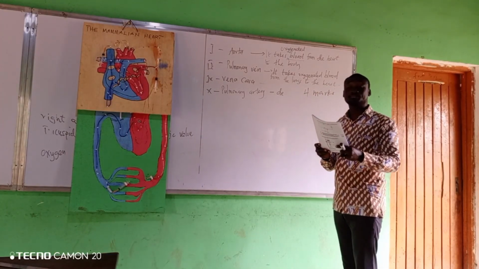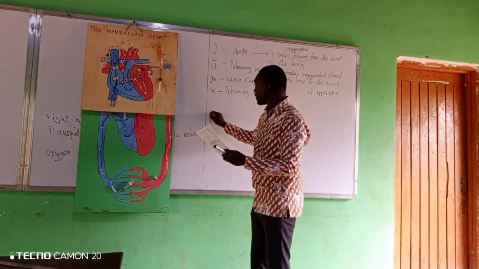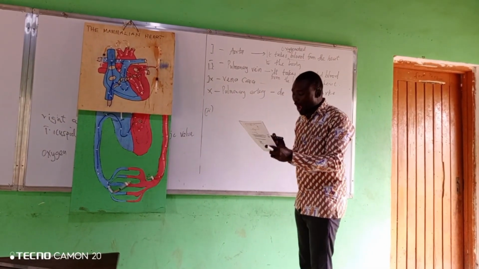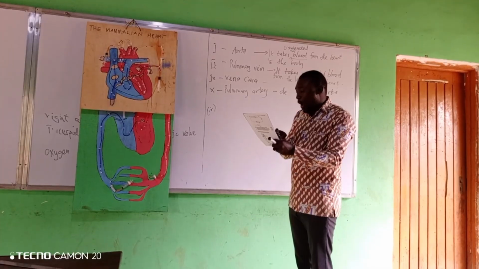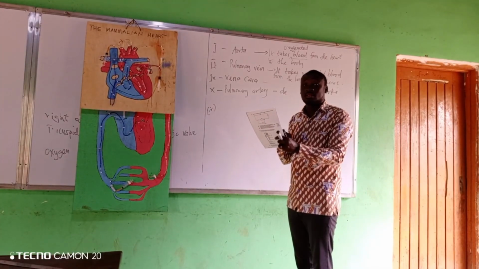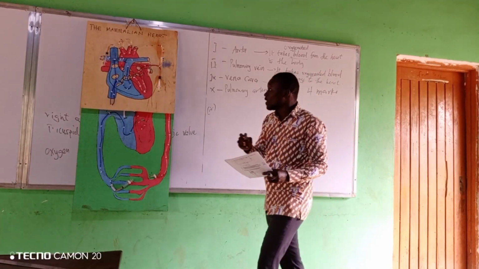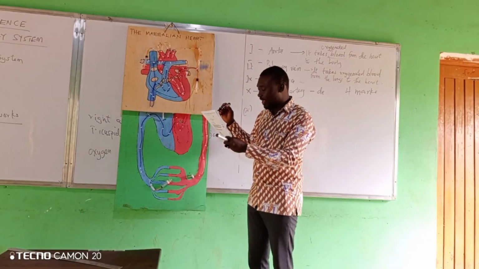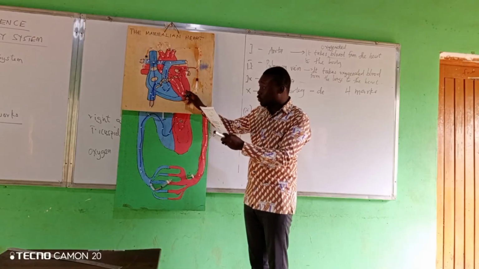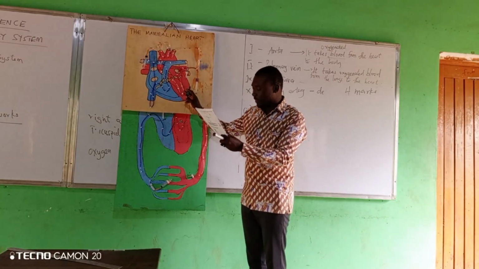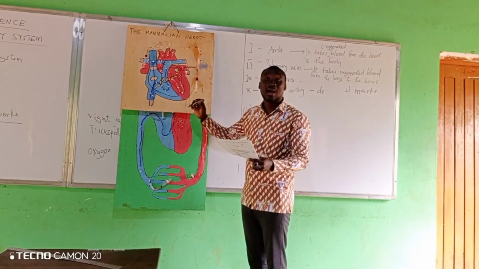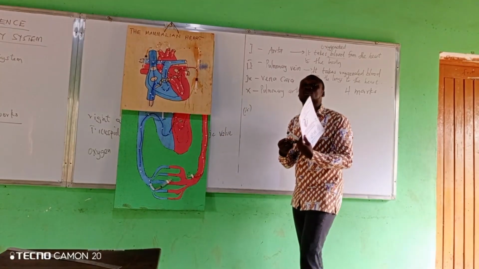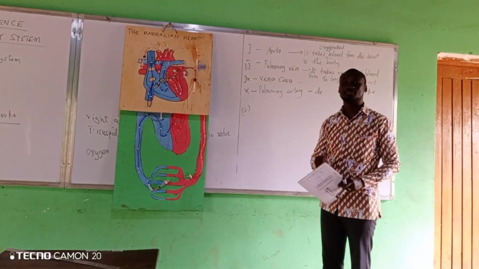For 4 marks, it says: explain briefly why the left lower part of the heart has a thicker muscle.